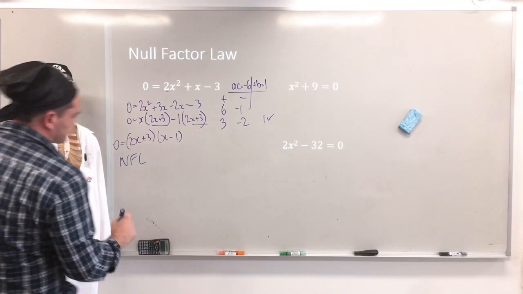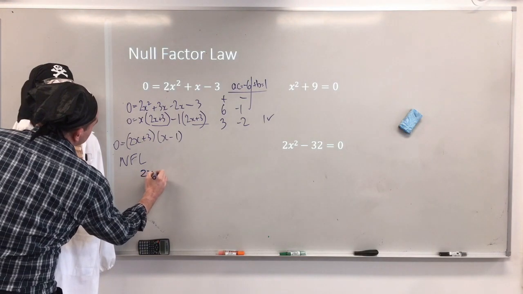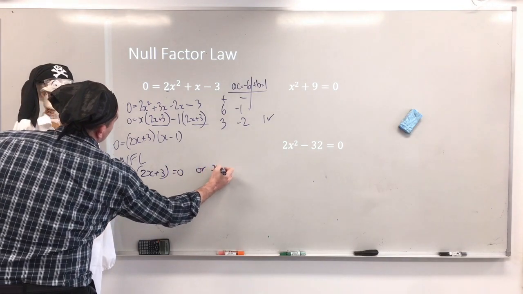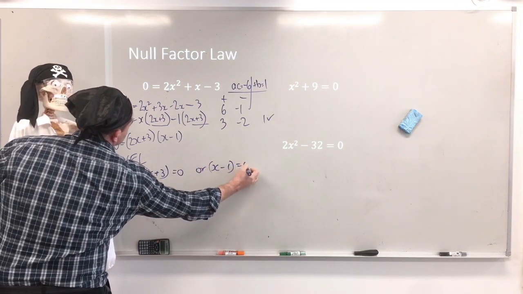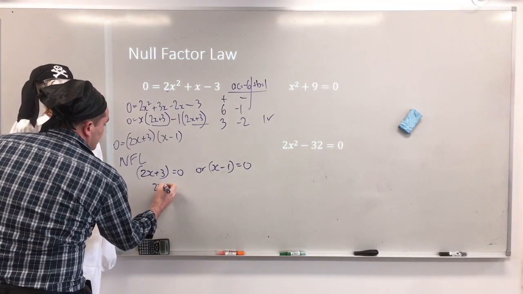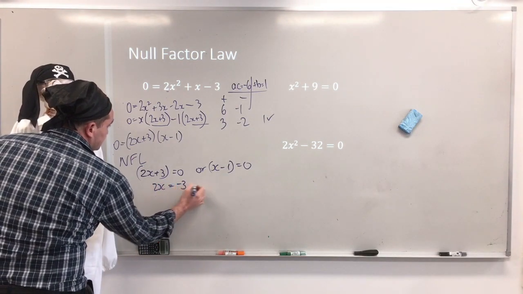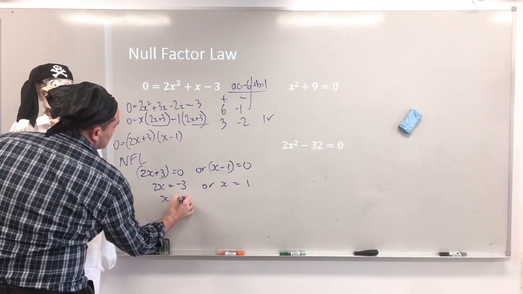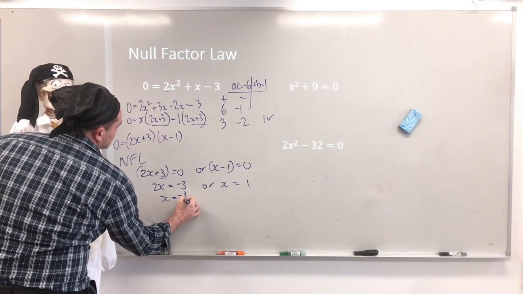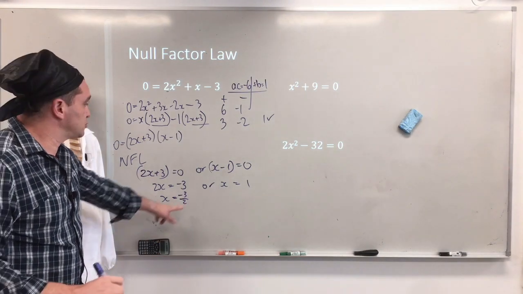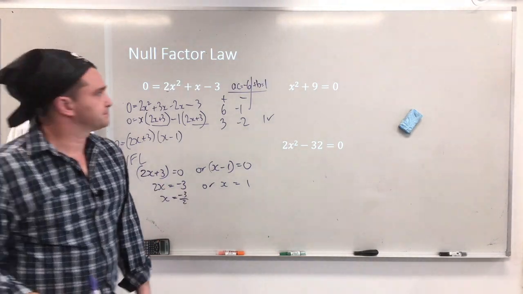We've got 2x plus 3 equals 0, or x minus 1 equals 0. So 2x equals negative 3, or x equals 1. Dividing by 2, x is negative 3 on 2, or x equals 1.